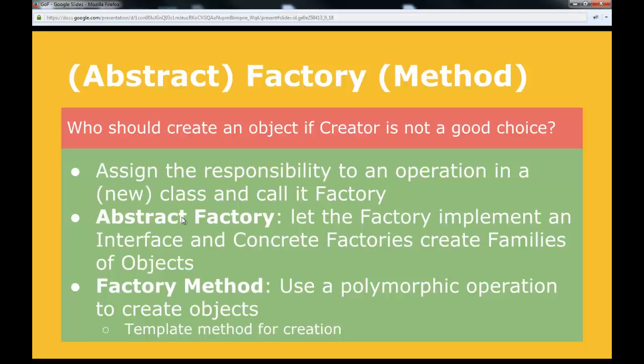And it does its work, parses the file, does whatever it needs to do to know what type of object it's supposed to create, and returns it. For the abstract factory, we let the factory implement an interface. So we create an interface for the factory itself, so we can have several different kinds of factories that can create different kinds of families of objects.